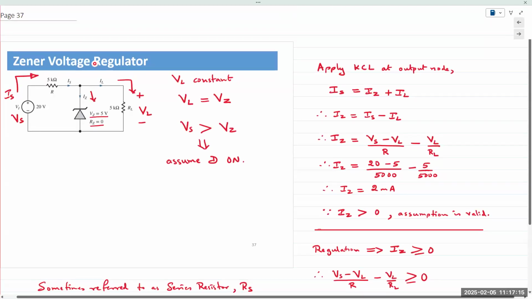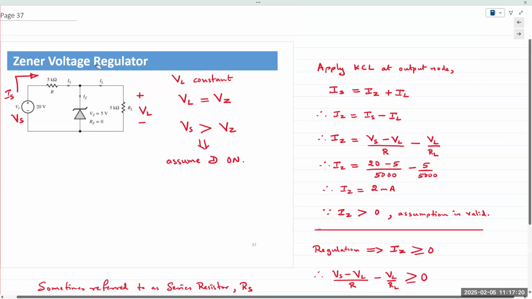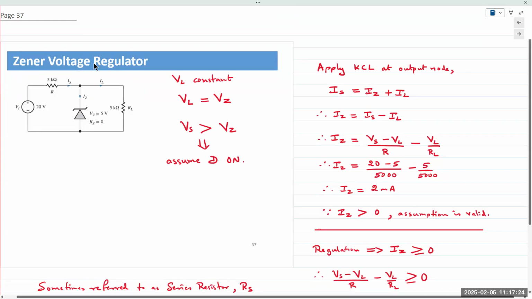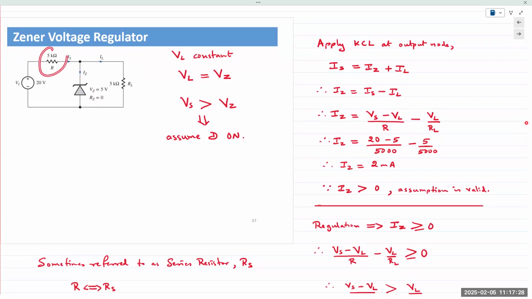So we have a voltage source and a resistor in series. That's not part of the supply voltage, it's simply a current limiting series resistor.